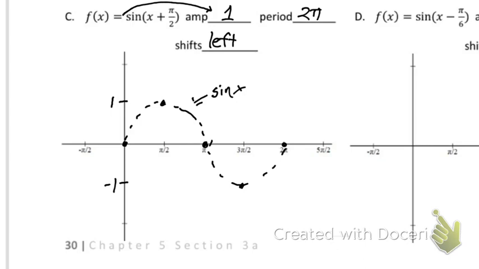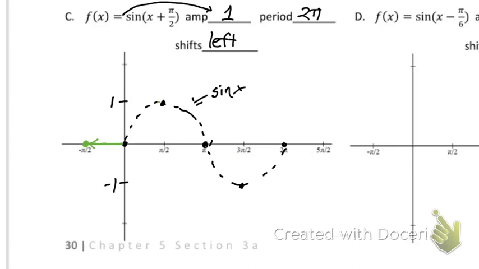Now I need to shift all of those points left pi over 2 units. My advice to you is always start at the 0, 1 and see how many tick marks you move it. So we're going to move this over 1 tick mark, and I'm going to do that to every one of the points.